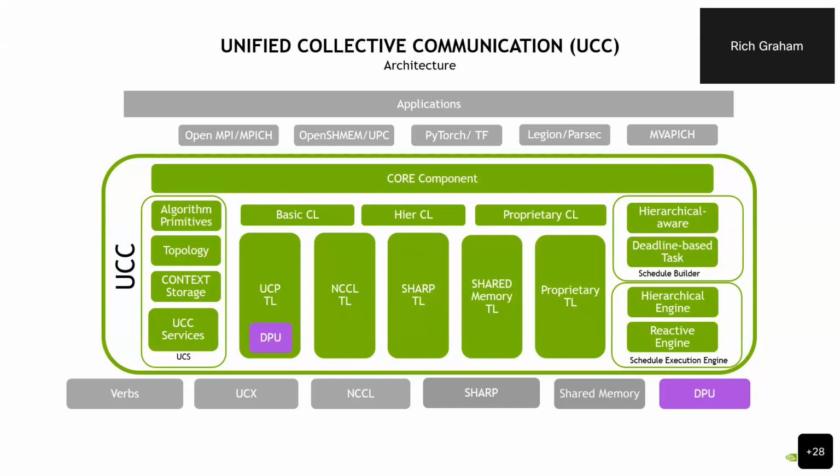It says architecture aware and deadline-based task. So you can describe the tasks, you can create a graph to describe the collective operations here. You have to, because this is how the progress engine works. And as I already indicated, there's a hierarchical engine and event-driven engine that helps schedule execution and work execution.